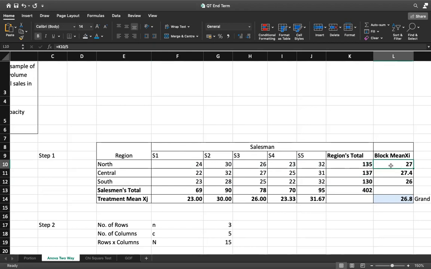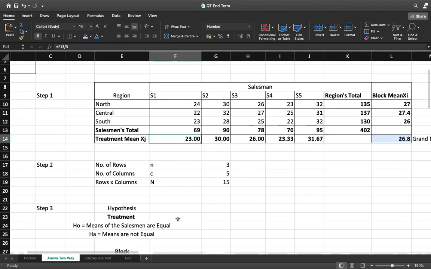It's pretty much like 135 divided by 5, because there are 5 of these. And your treatment mean is your salesman's total, the column total, divided by 3, because there are 3 rows. So basically your block means are from your row totals, and your treatment means are from your column totals.